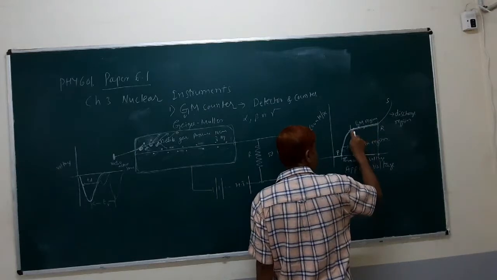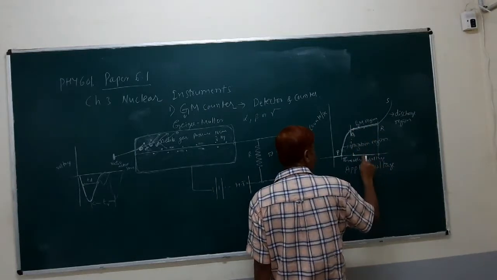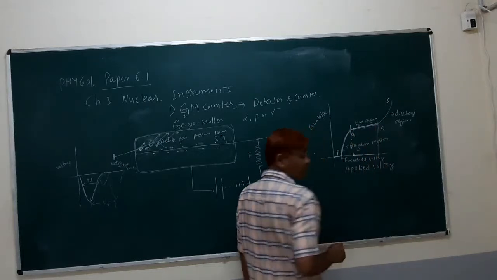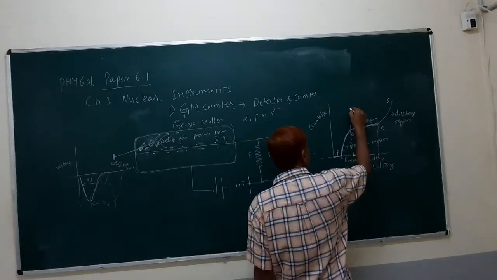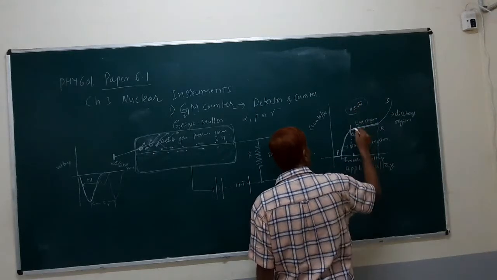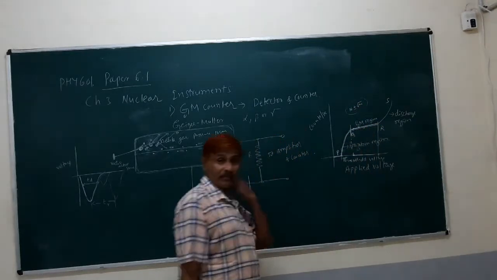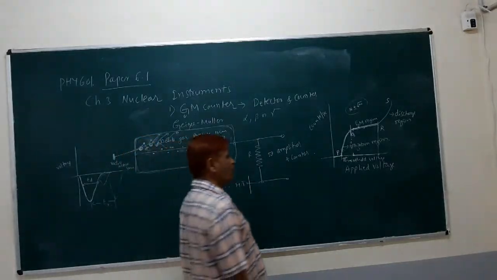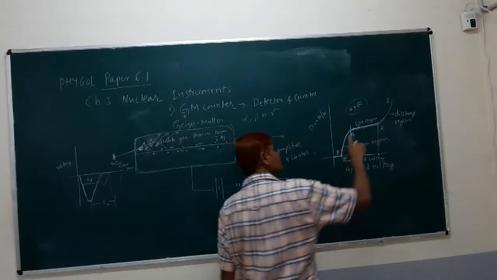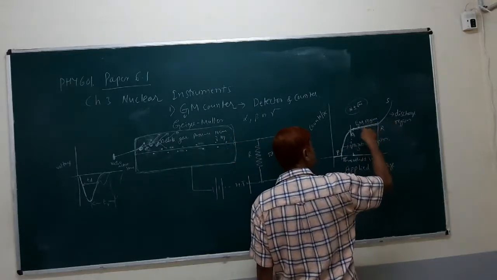In this region, whatever the applied voltage, the counts remain the same. The counts, n plus or minus root n, are almost the same. But if you cross this region, all of a sudden the counts become twice this.